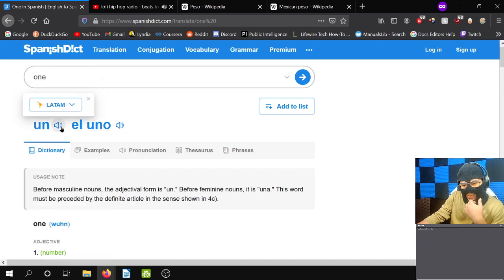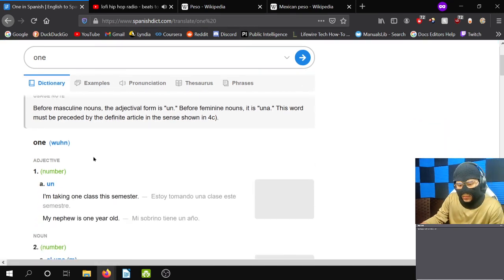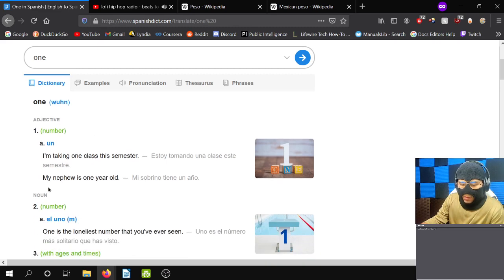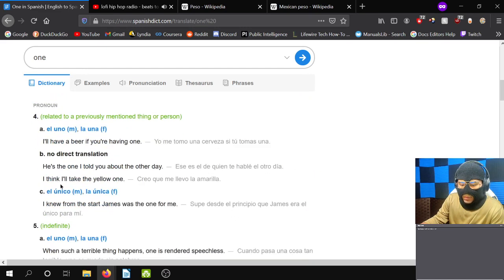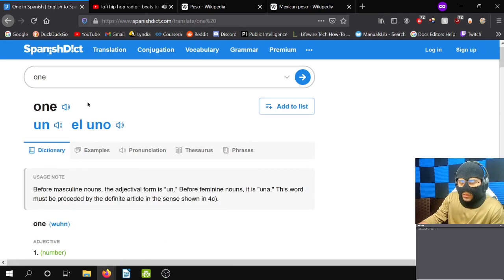And then un. Un. One, el uno. Uno, yeah. Oh, yeah. Because O is very similar to the English O. So el uno, stuff like that. So yeah, just un as one. So it's an easy chunk. I'm just going to chunk it into one, which is just UN.